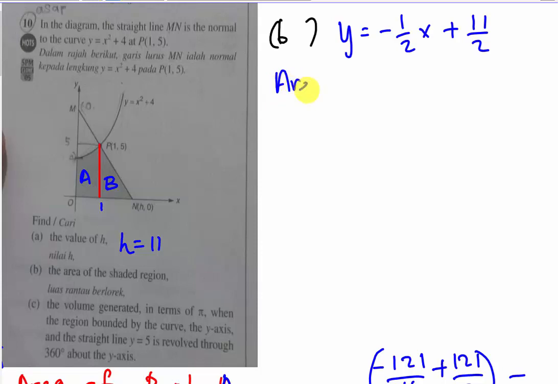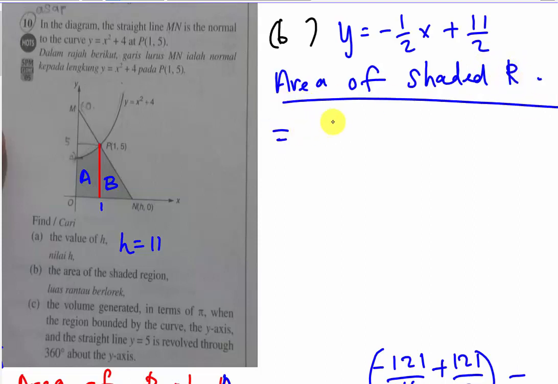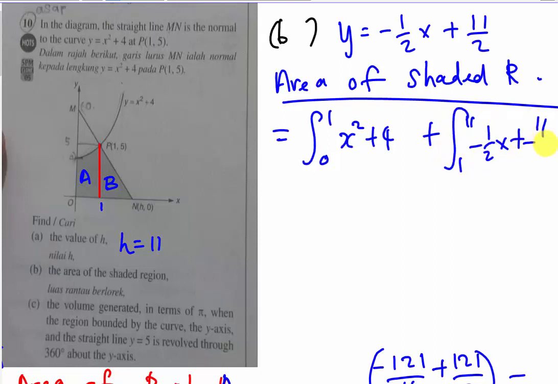Area of the shaded region, in short form, will equal, you integrate from 0 to 1 for x squared plus 4, plus you integrate from 1 to 11 for negative half x plus 11 over 2. You just solve this one and then you will get 29 1 over 3.